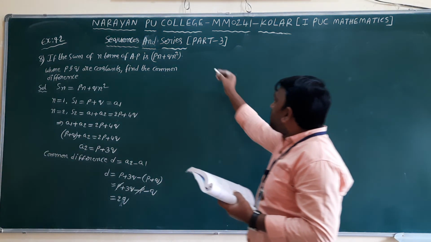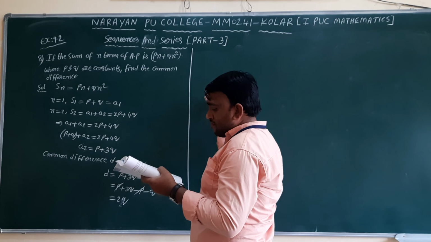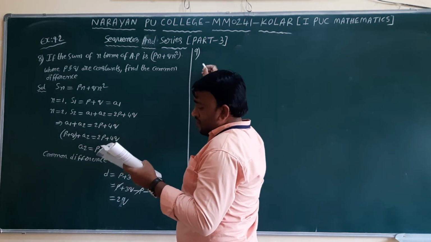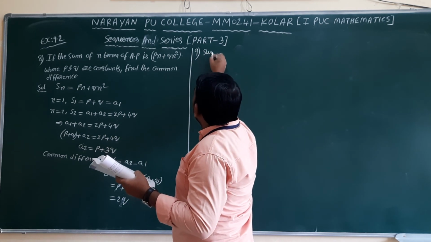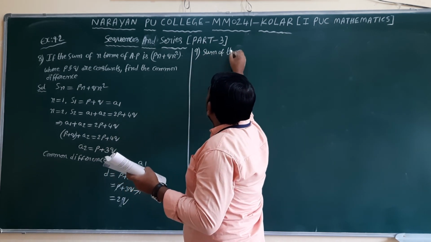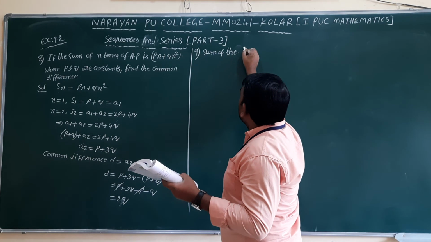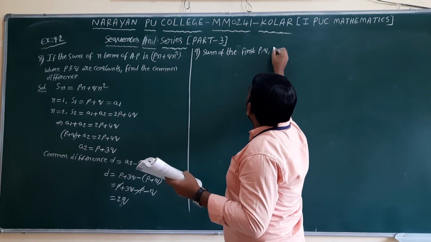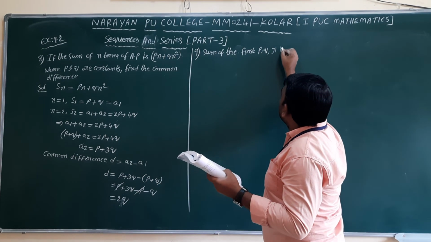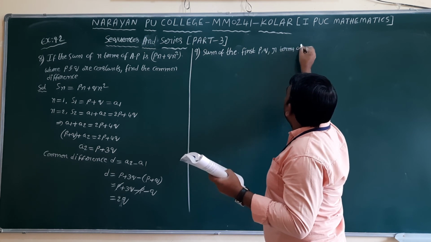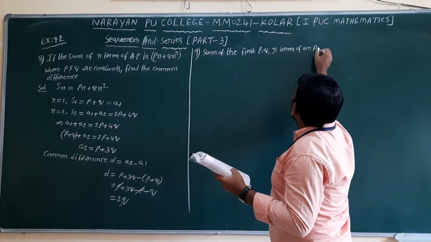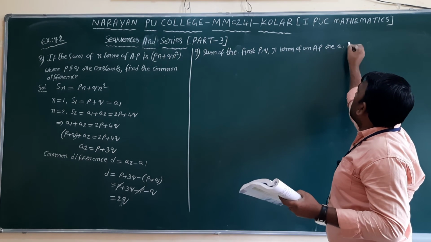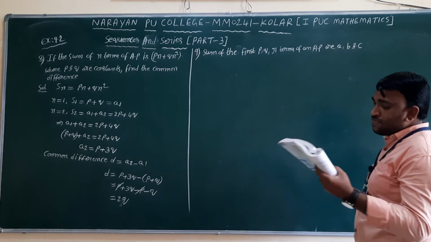And next question: the sums of the first p, q, r terms of an AP are A, B and C respectively.